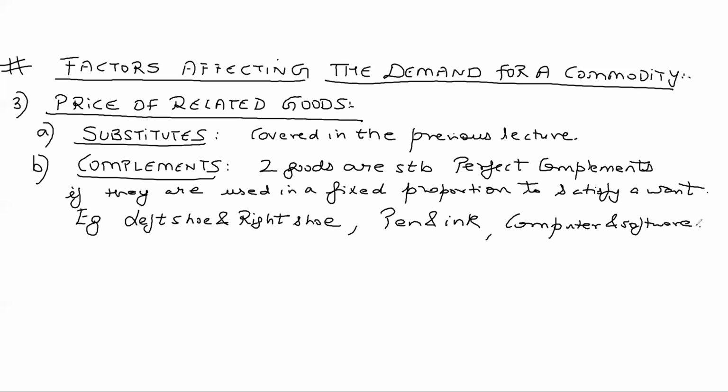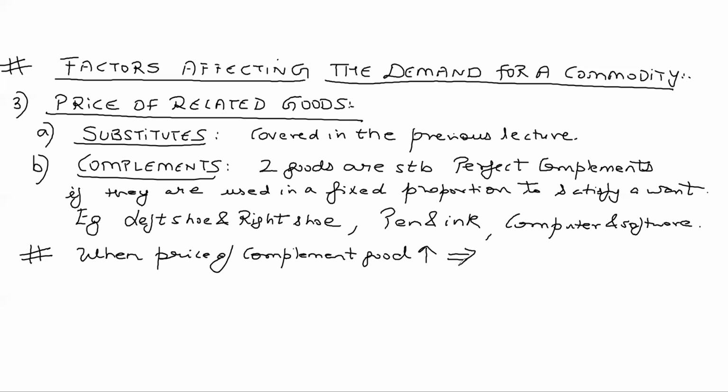Okay. So let's now talk about what happens when the price of complement good goes up. Another example is car and petrol. If price of petrol goes up, what will happen to demand for petrol cars? Obviously, the demand for petrol cars will fall.